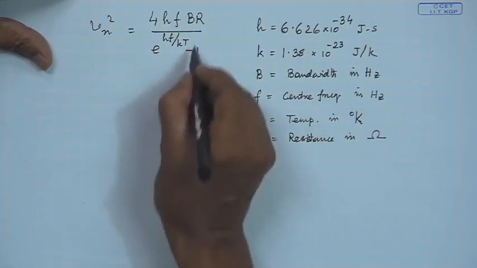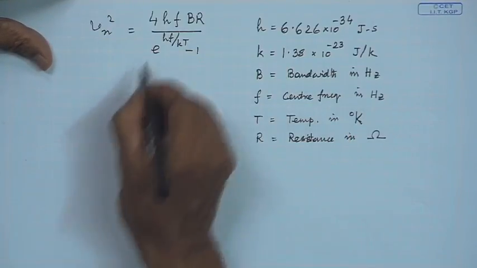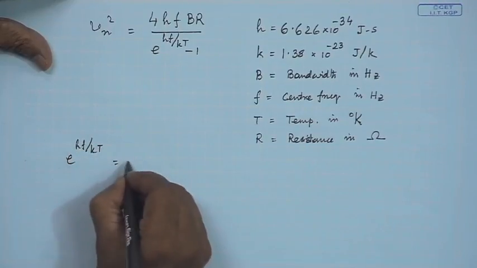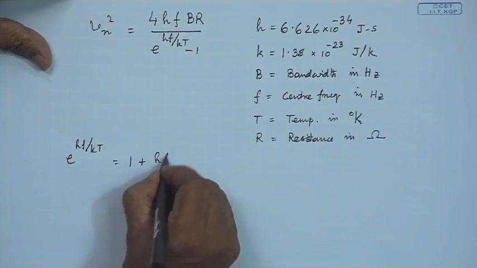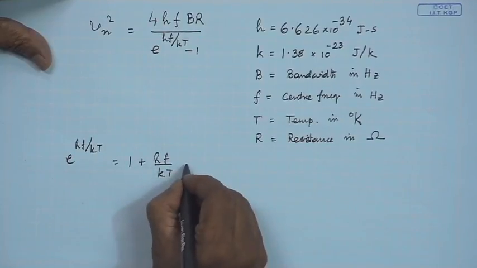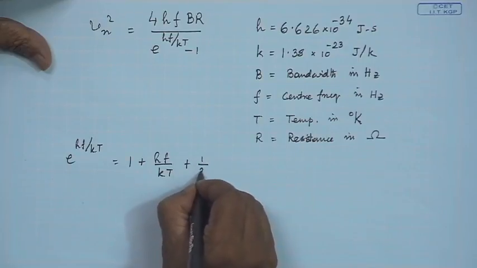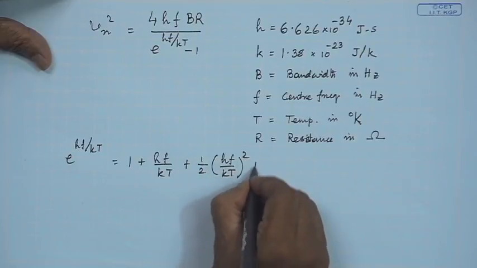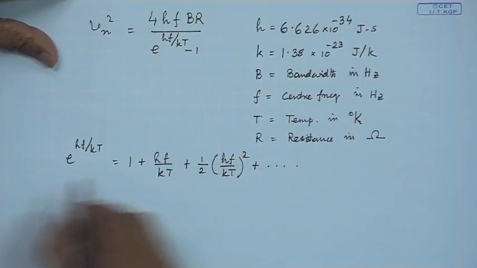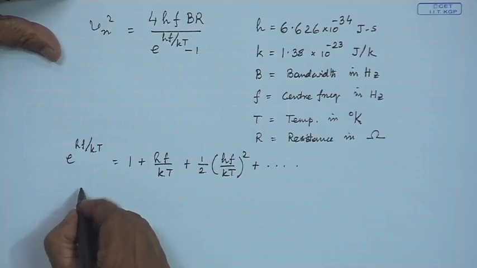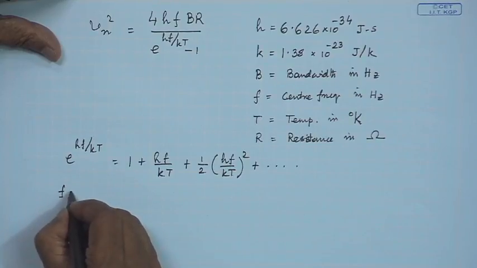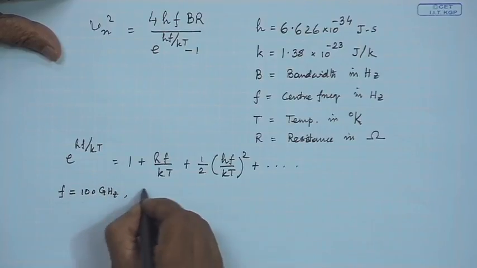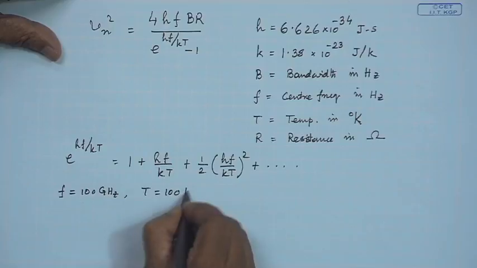Now, if we put into Taylor series the denominator part, e to the power h f by k T is 1 plus h f by k T plus half of h f by k T square plus like that. Now, at a higher frequency, let us say for microwave frequency, f is equal to 100 gigahertz, and let us say T is equal to 100 degree Kelvin.